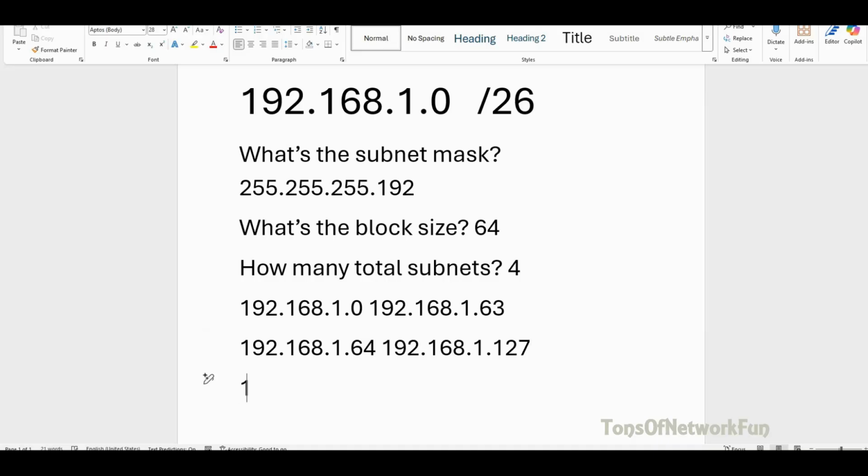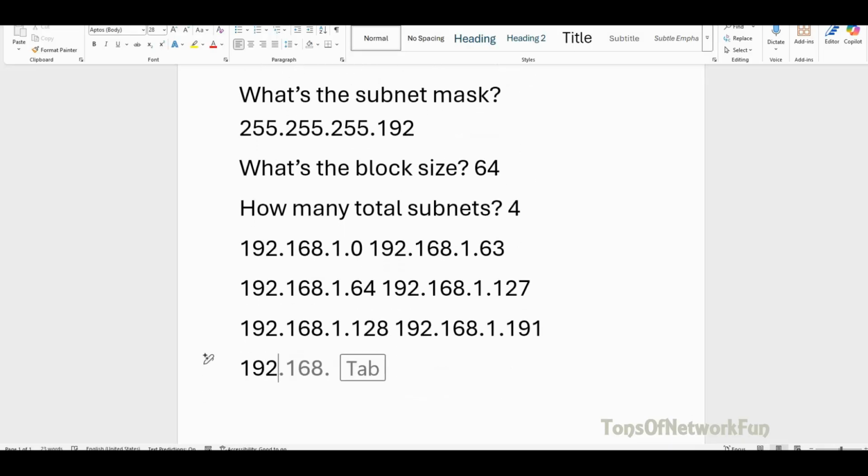Third subnet starts at 192.168.1.128 and that will go all the way to 192.168.1.191, and then the fourth subnet starts from 192.168.1.192 all the way to 192.168.1.255. So these are the total subnets: 1, 2, 3, 4.